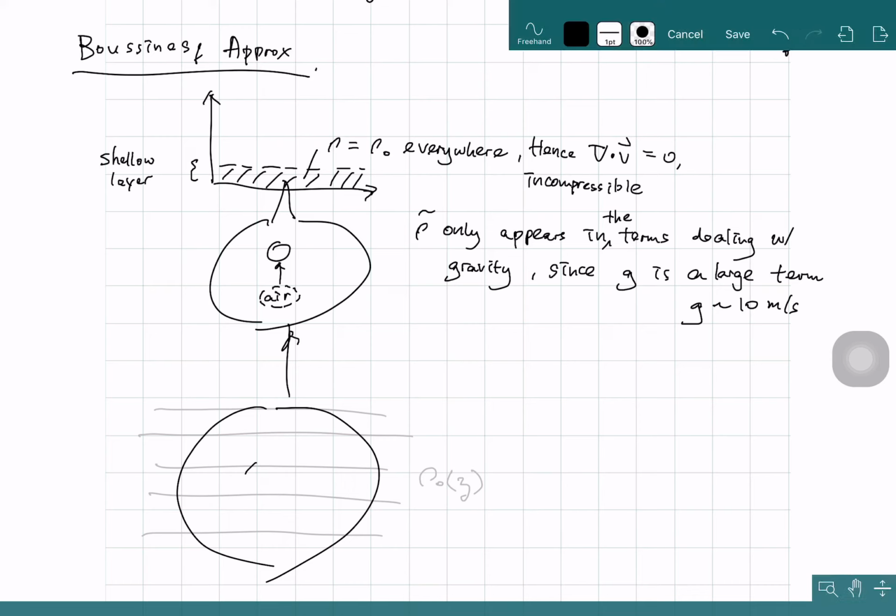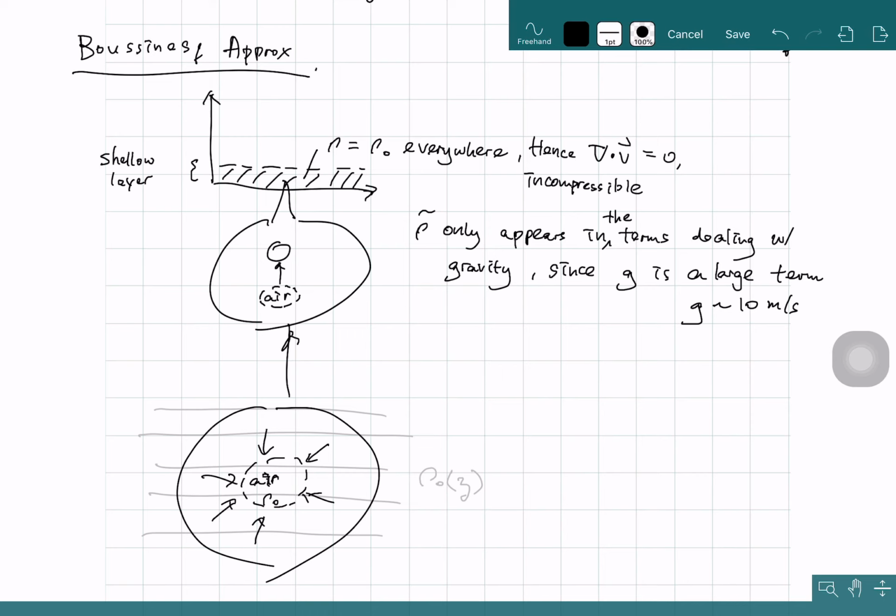I think you know about buoyancy from your physics course. This is air, and this is air, right? So what is the buoyancy force?